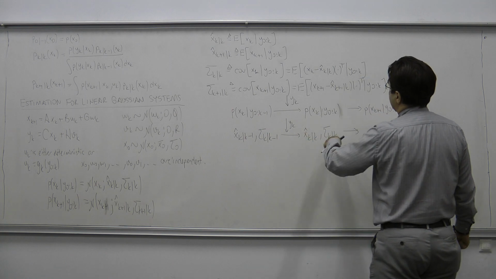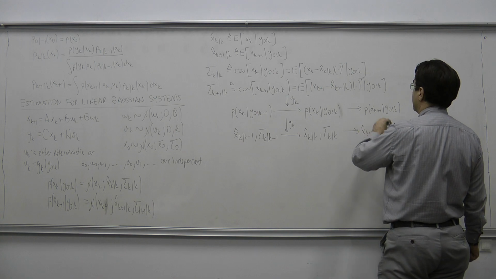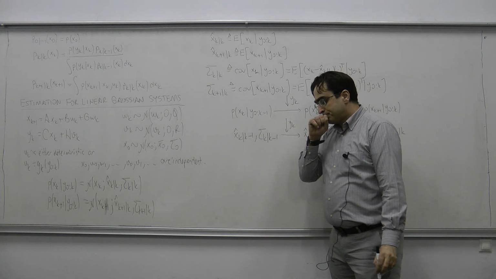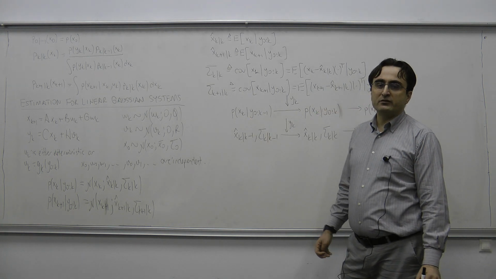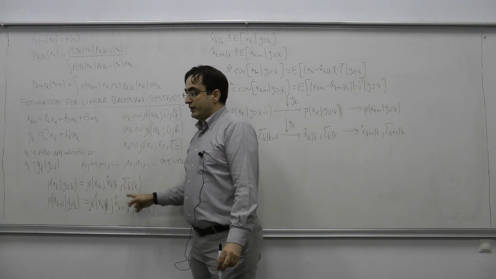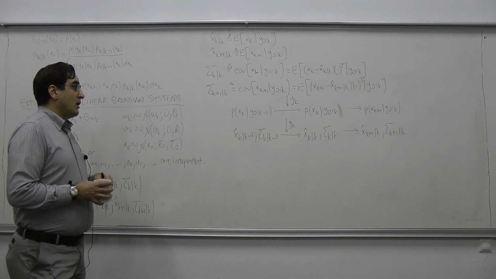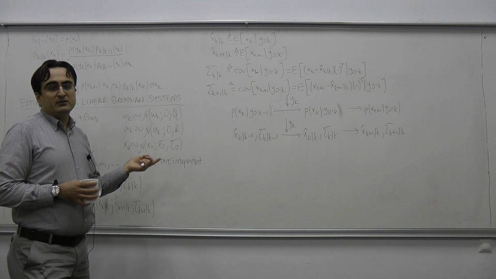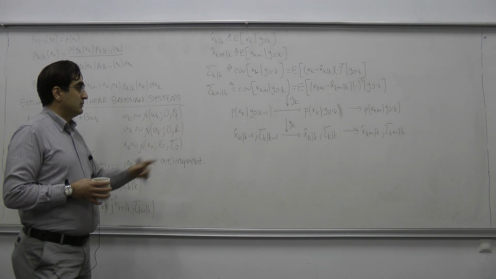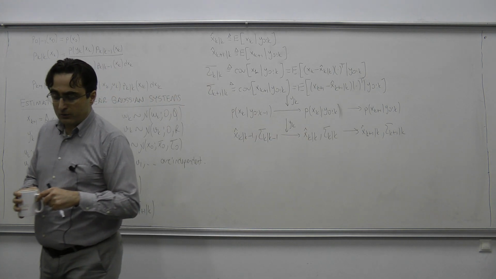And then I need to apply the time update to this mean and covariance to obtain x at k plus 1 given k and sigma k plus 1 given k. Okay? So really I do not have to deal with the infinite dimensional quantities here. All I need to deal with is the mean and the covariance of those distributions. So knowing that our densities are Gaussian reduces the infinite dimensional Bayesian recursion problem into a finite dimensional estimation problem where we need to calculate and update only the mean and the covariances.